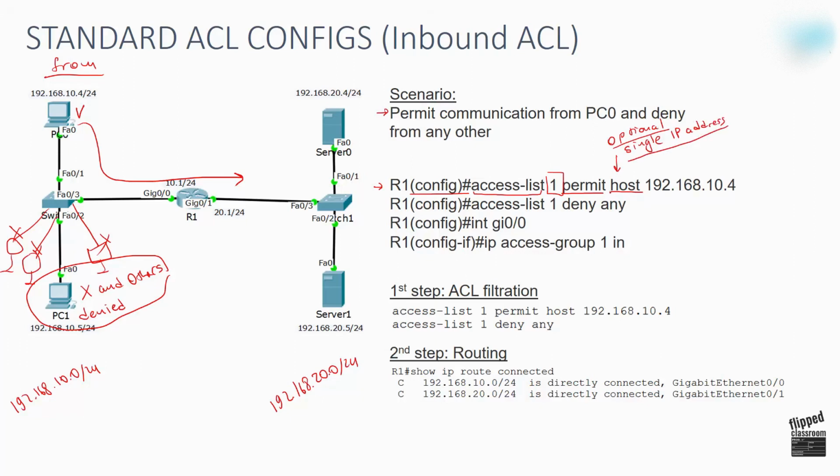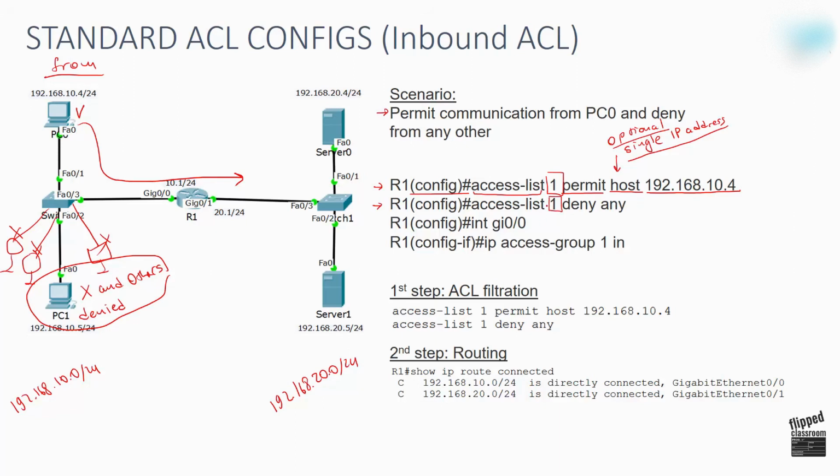So after you type host, then you have to type only the IP address. You don't have to define the prefix or the subnet mask. So you are saying permit only for single host 192.168.10.4.